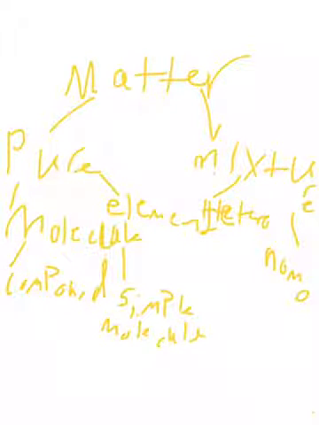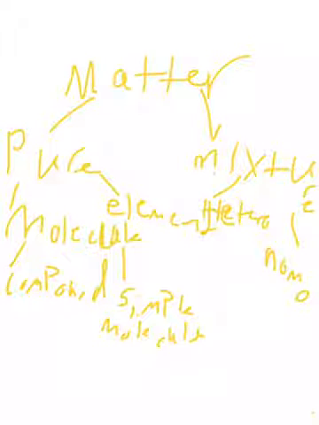Now, a molecule is basically two or more elements combined, and that isn't really true. You actually have a simple molecule, which is just two of the same element atoms combined, and a compound is two or more different ones. So sometimes you might think it's a compound, but it's actually a simple molecule.